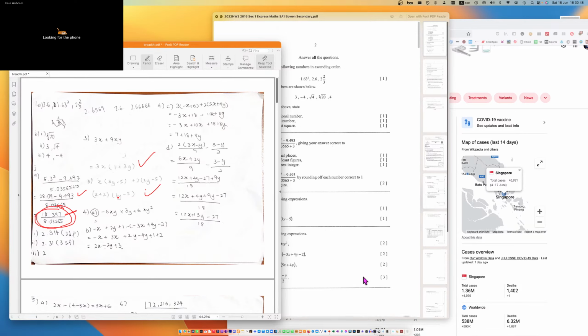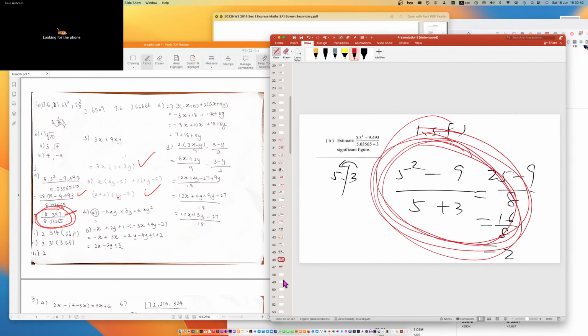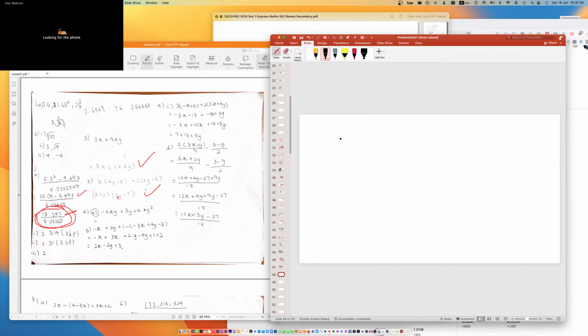Hold on, let me just get the question out. It's related to factorization of 4 terms. Okay, it's something like this. Hold on. Yes, this is the one.